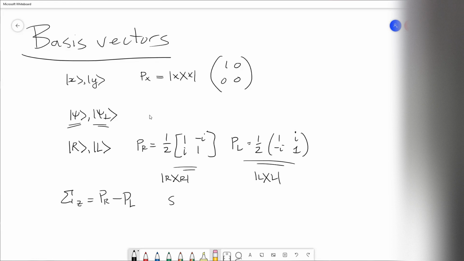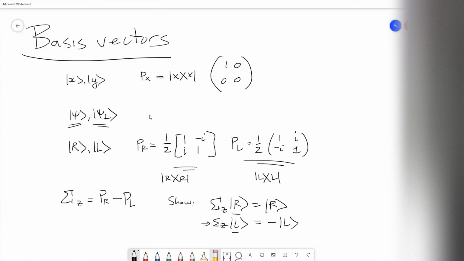It's pretty easy to show that if you act with this operator on R, you'll of course get back R. And if you act with this operator on L, you get back minus L. So right and left circularly polarized light are eigenstates of this operator.